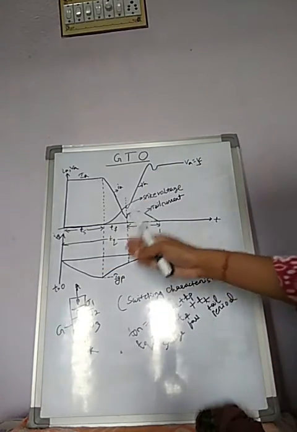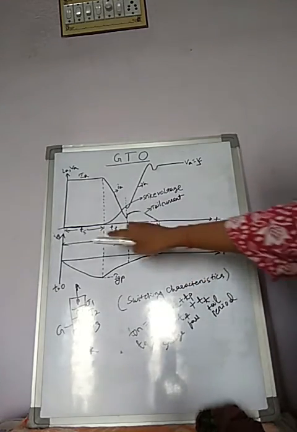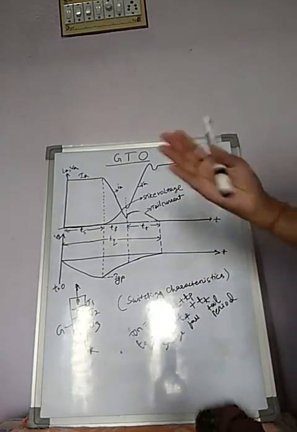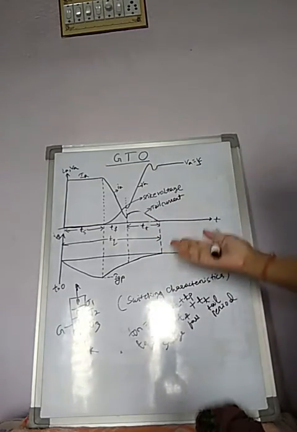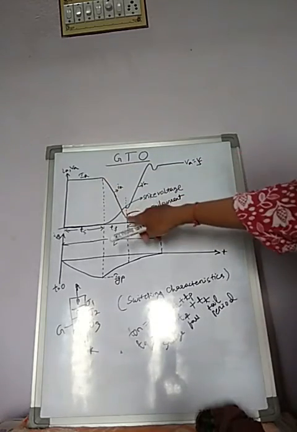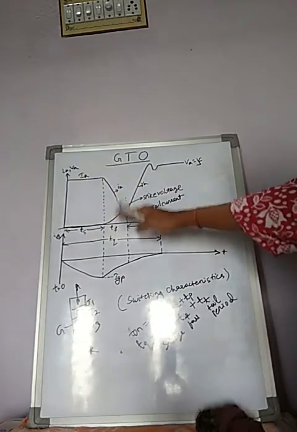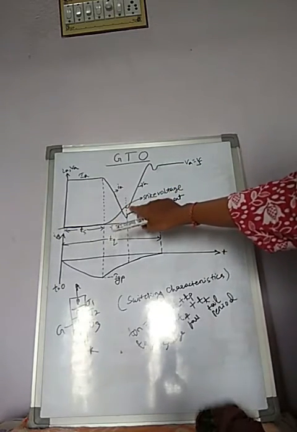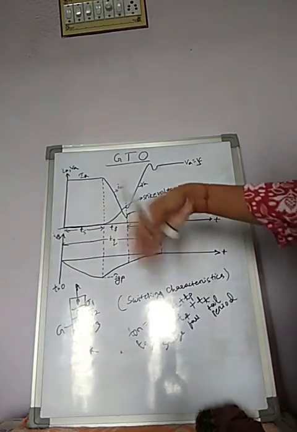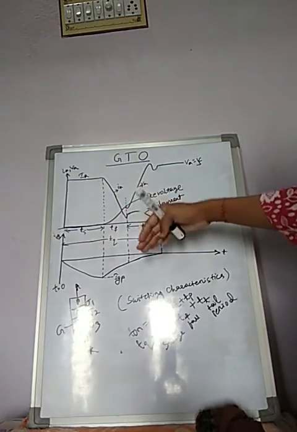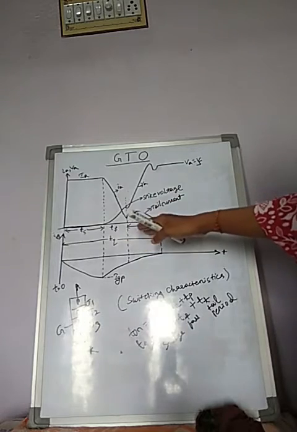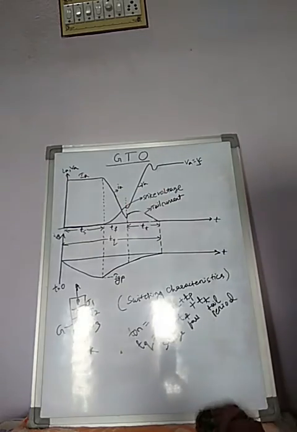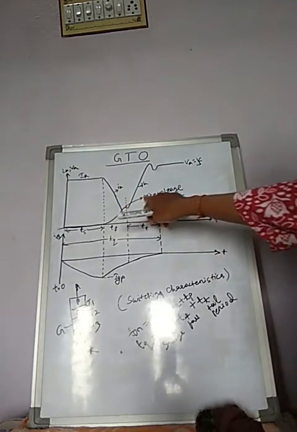So at time t equal to TS plus TF, there is a spike in voltage due to abrupt current change. Here the rate of fall remains constant, but here it abruptly changes to another level. So the rate of rise of voltage also changes to another level, and there is a spike in the voltage level. This is named the spike voltage.